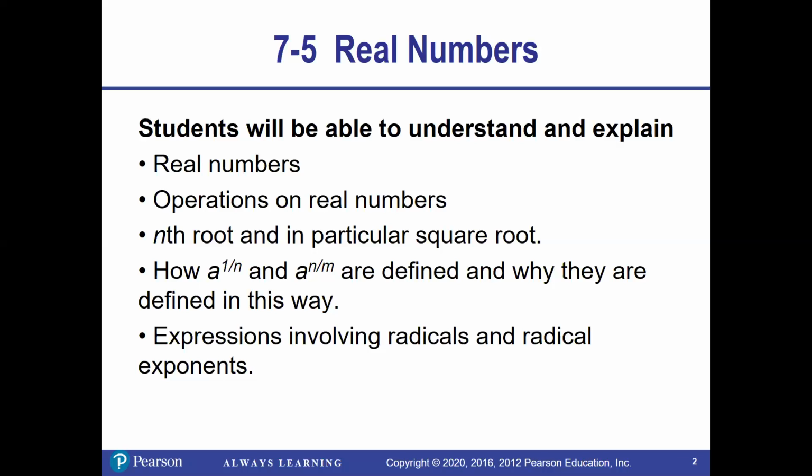Then we went to integers, and all natural and whole numbers are in integers, but now we added negatives. Then we went to rational numbers, which are all fractions, so all the whole numbers and integers are inside the rational numbers. That leaves us with one other type of real number.